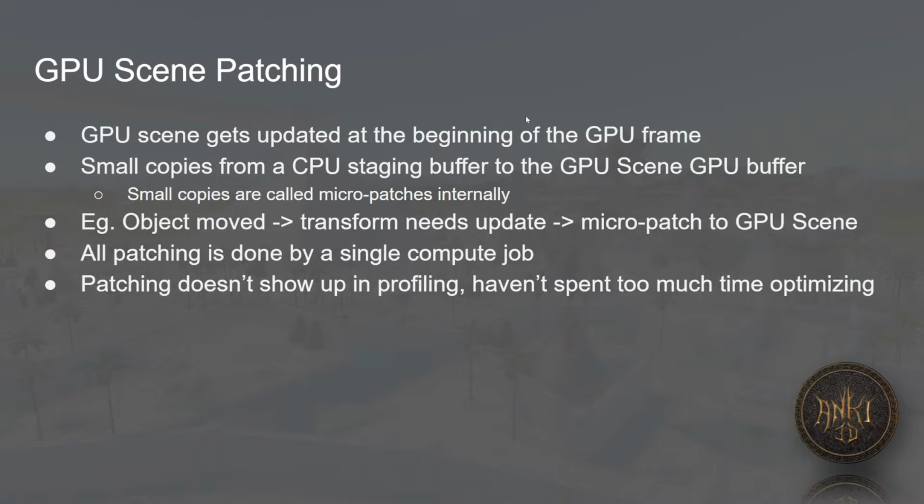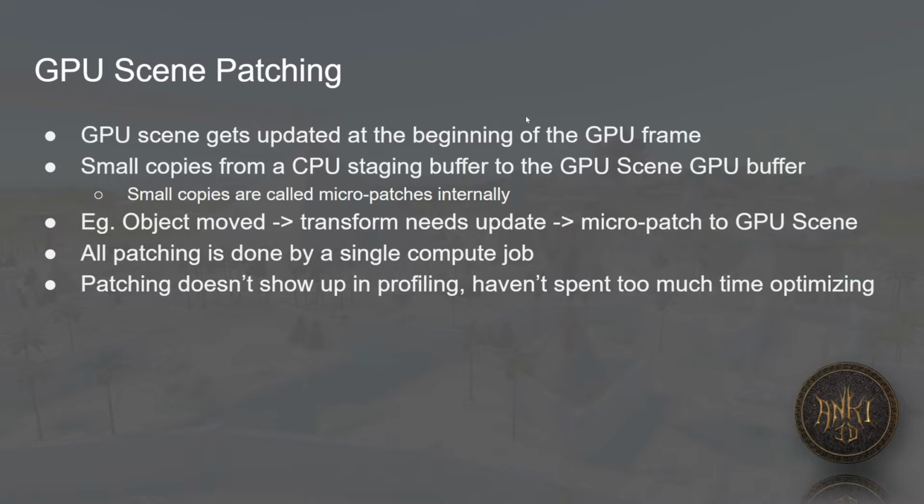One last thing to mention is how we update the GPU scene from the CPU. The whole process is called micropatching. The game logic gathers patching requests in some CPU visible staging buffer. For example, if an object has moved, its transform will need to be updated in the GPU scene.